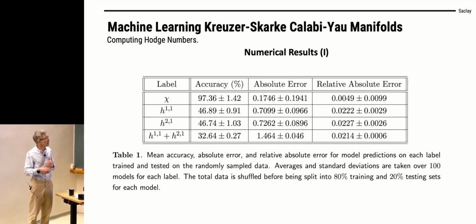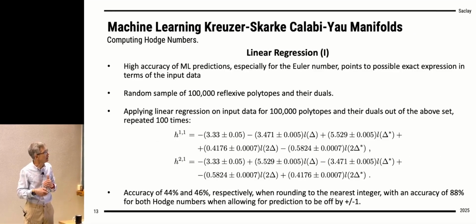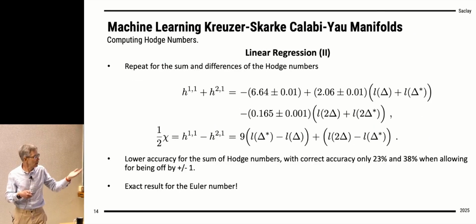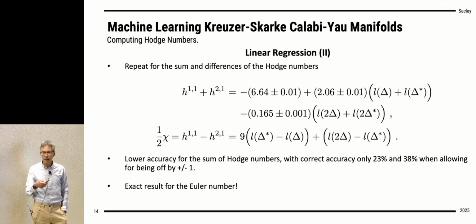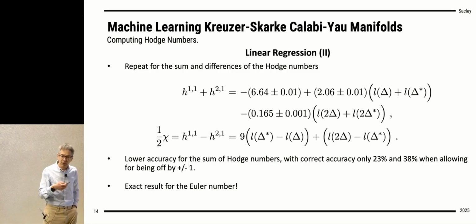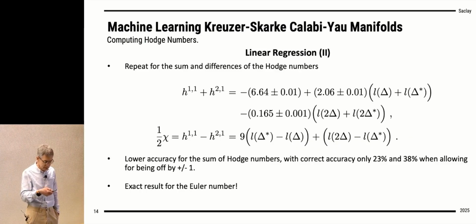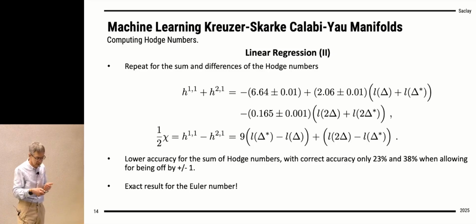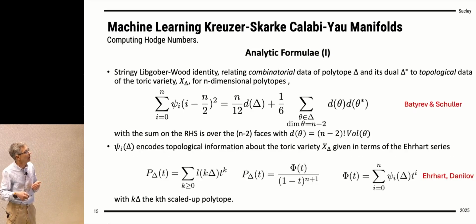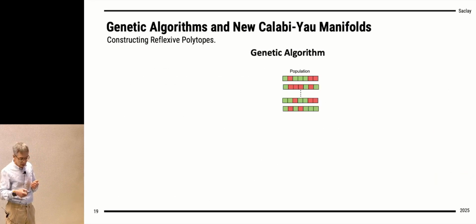And the linear regression then gave the exact result, which we were then able to show mathematically where it came from. So sometimes machine learning, or in this case linear regression, points to something that you wouldn't necessarily have otherwise guessed. Okay, that's the idea.